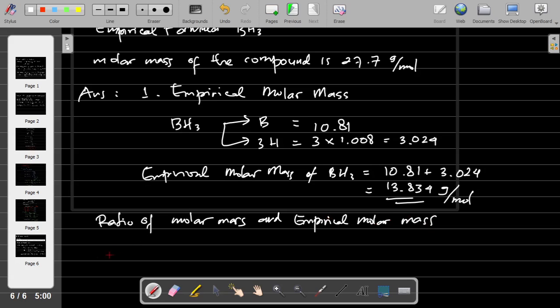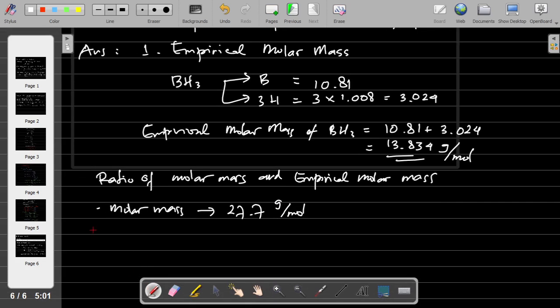For the molar mass, the value is 27.7, and for the empirical molar mass, the value is 13.834.